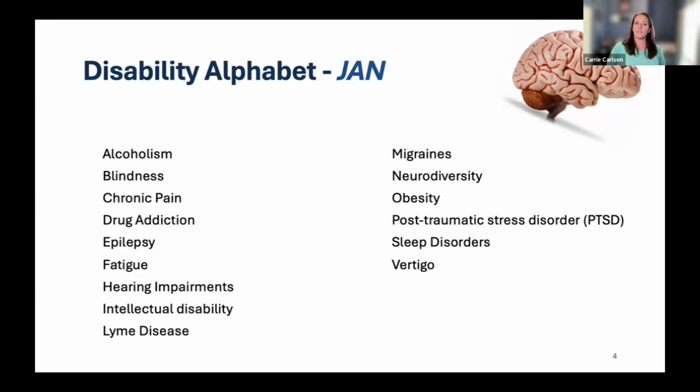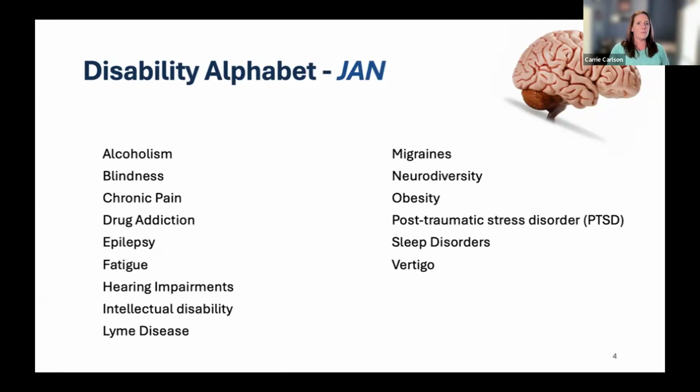But these are also things that sometimes are not commonly associated by the general public as a disability, right? I know sometimes people say that alcoholism isn't a disability, right? We know better, but just giving that one as an example.